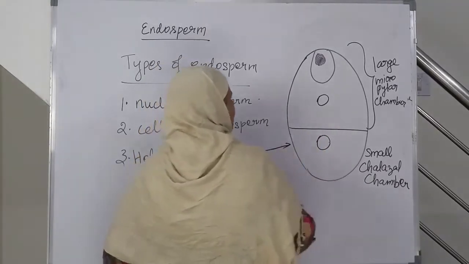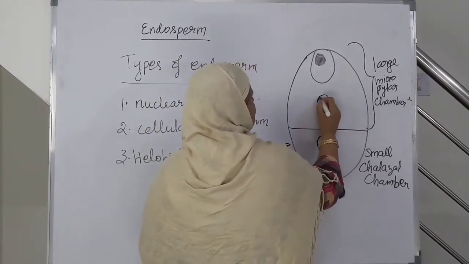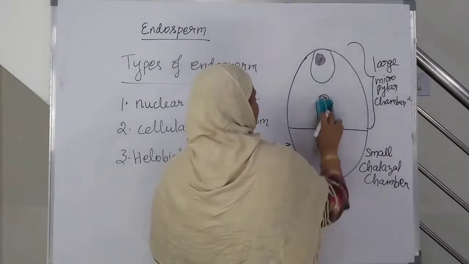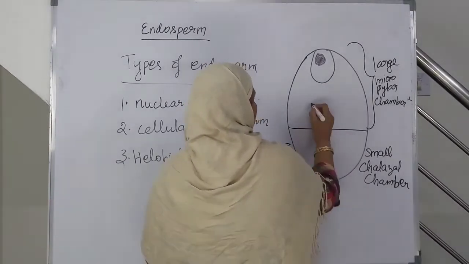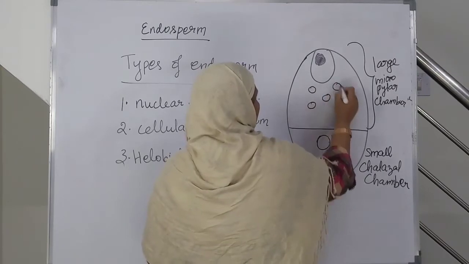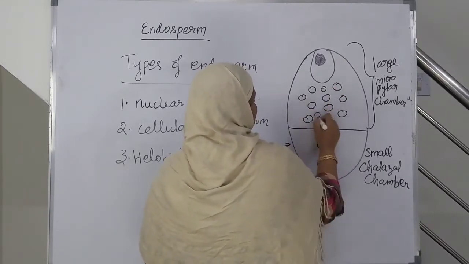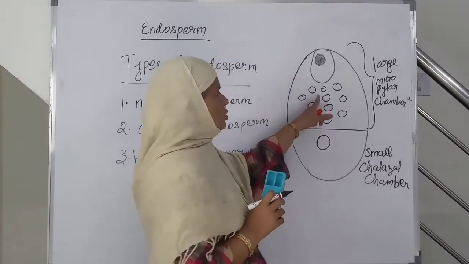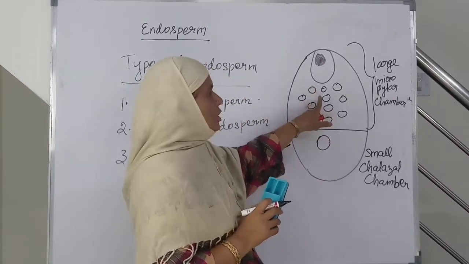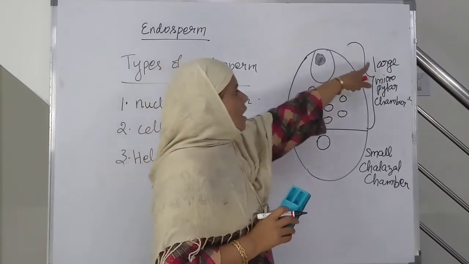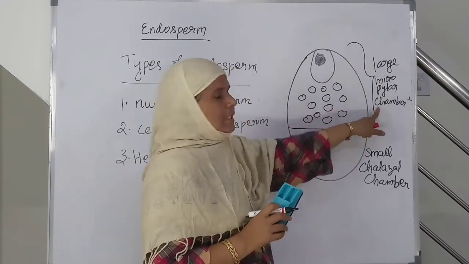In the micropylar end, the nuclei which exist here start to divide, and a number of free nuclei are formed. Only free nuclei, there is no wall formation here, only free nuclei exist in the large micropylar chamber.